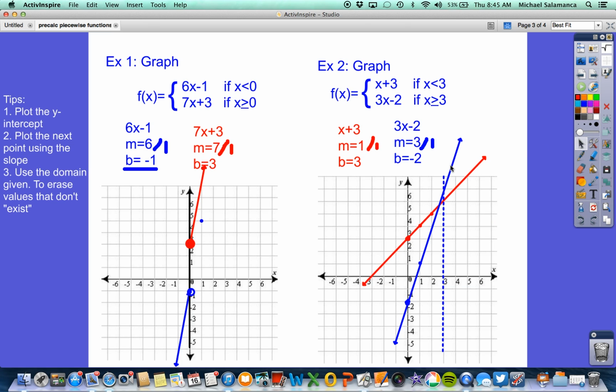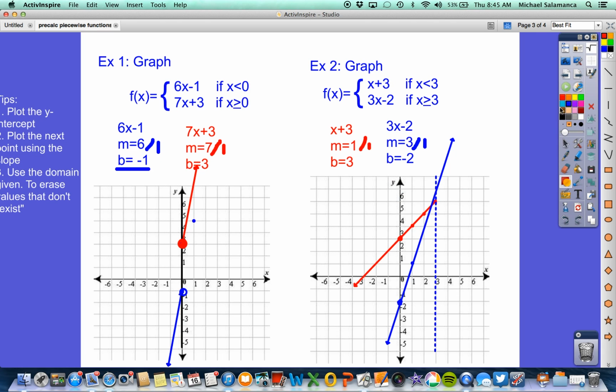The red one, x plus 3, only exists if x is less than 3, so we take this red one and move it to where the 3 is. Because it says x is less than 3 and not less than or equal to, your circle should be open. So we should have an open circle right there at 3.